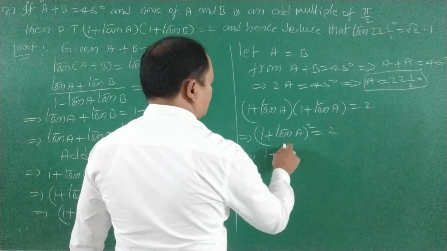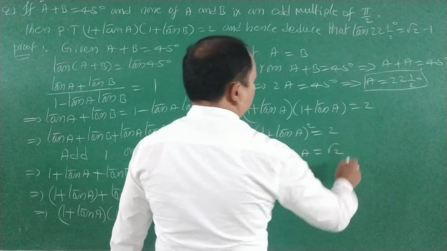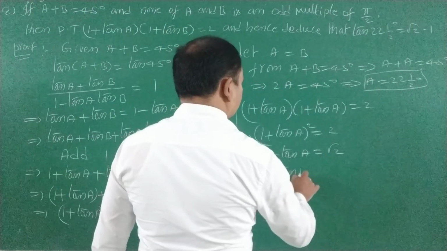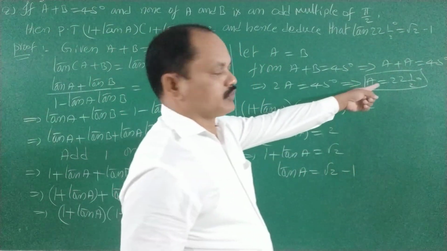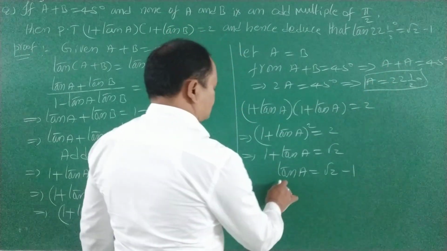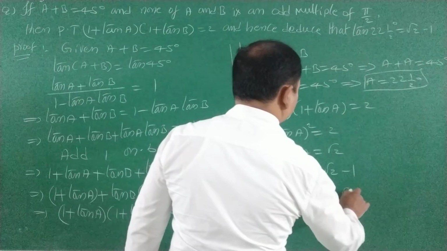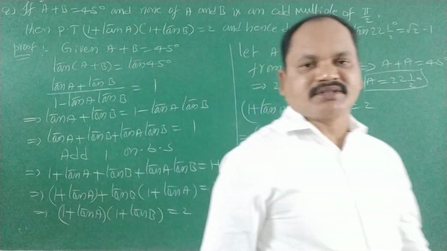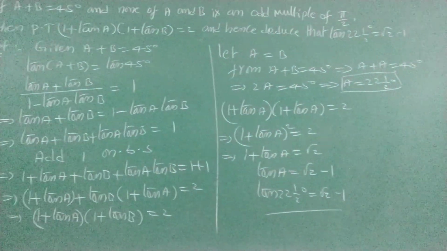From this 1 plus tan a is equal to root 2. From this tan a is equal to root 2 minus 1. What is a actually? 22.5 degrees. That's why tan 22.5 degrees is equal to root 2 minus 1. That's all. So this concept is very, very important. Okay. We are going to one more concept.